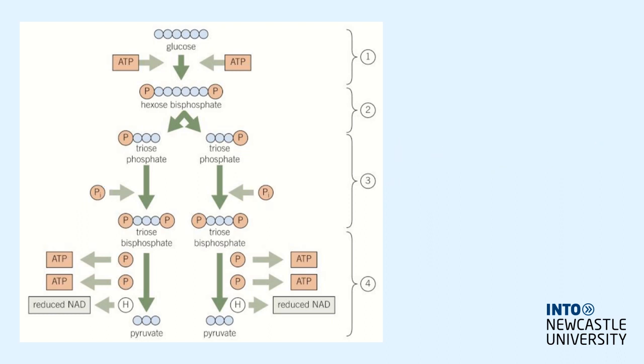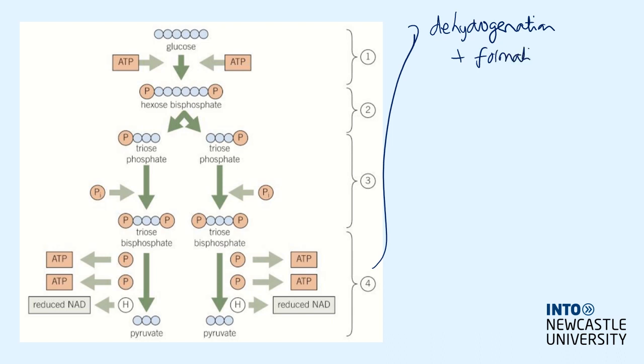The final stage in this glycolysis overview is dehydrogenation. So D means removal, so removal of hydrogen and forming of ATP. So this is what's going to occur in stage 4. So what's going to happen?